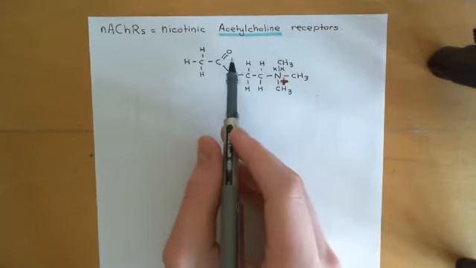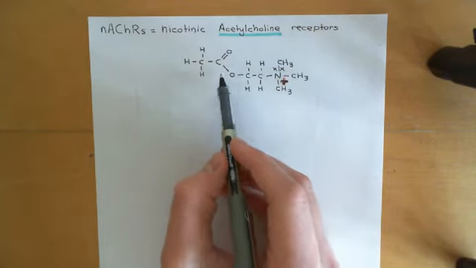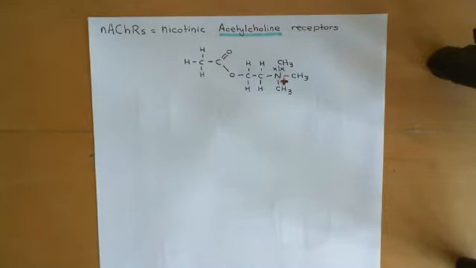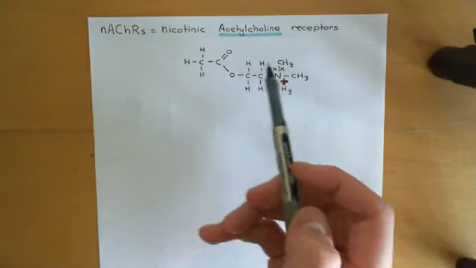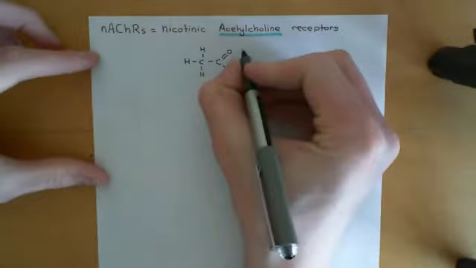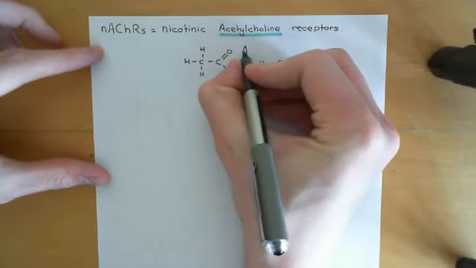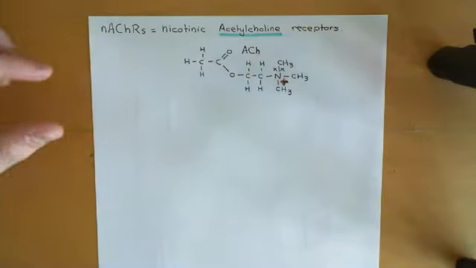If you broke off this acetyl group here and just put a hydrogen on this oxygen, that would be a choline alcohol molecule. Acetylcholine is then the acetic acid molecule attached to the choline molecule. For short, acetylcholine is often just abbreviated to ACh, like so.